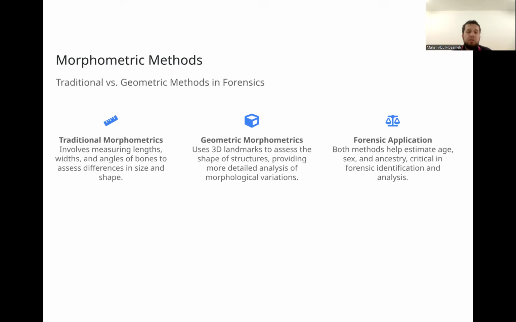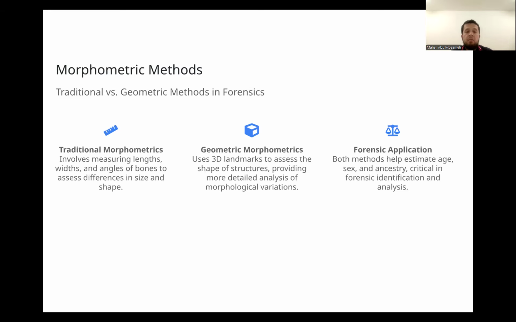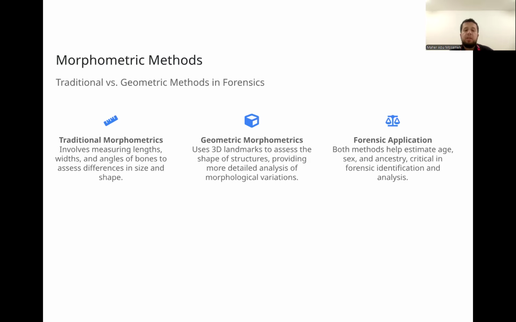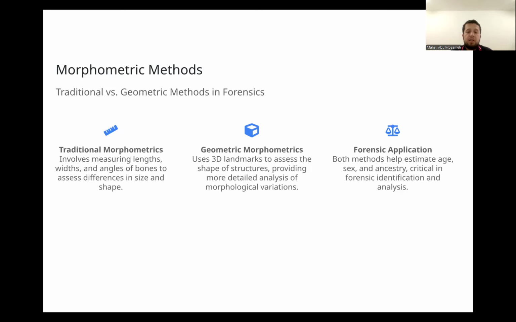In the traditional method, the anthropologists measure the length, width, and angle of the bones to assess the differences in size and shape. On the other hand, geometric morphometrics uses 3D landmarks to assess the shape of the structure, providing more detailed and accurate analysis of the morphological variation.